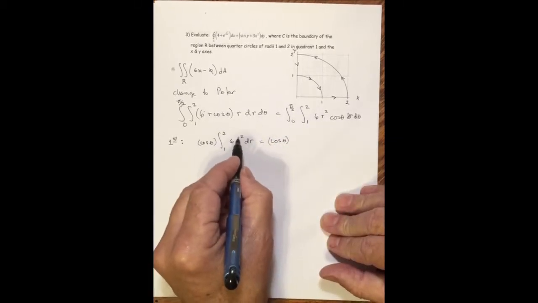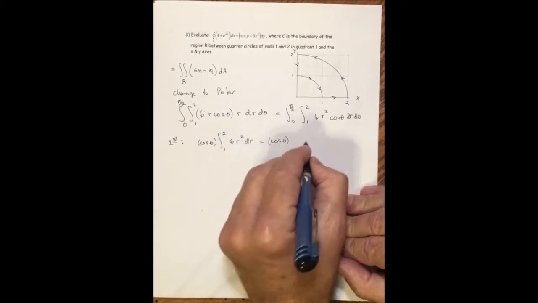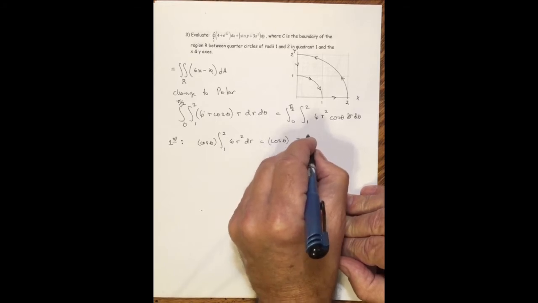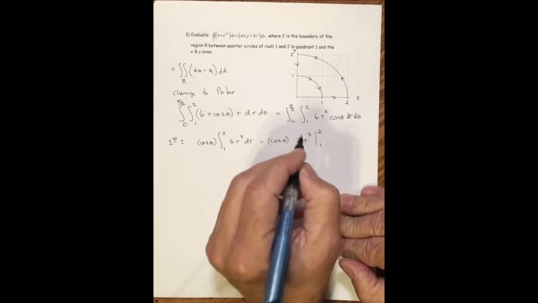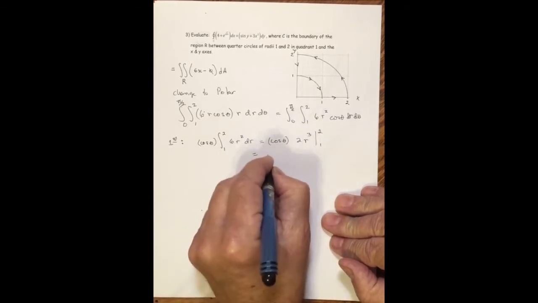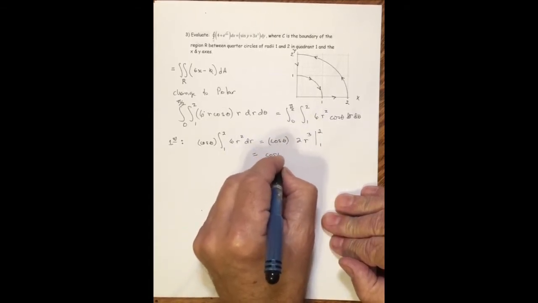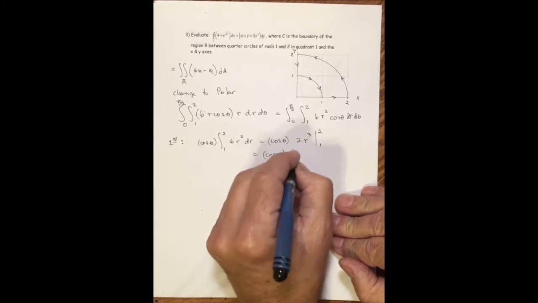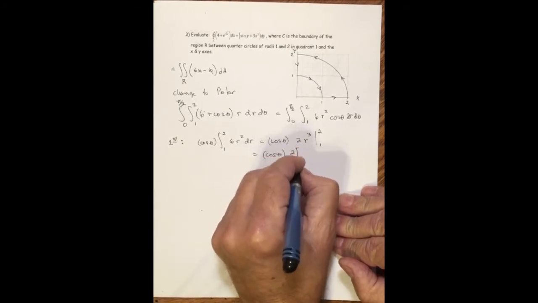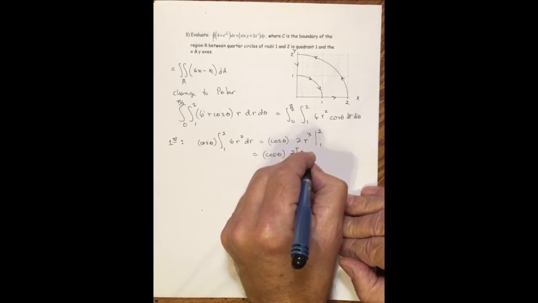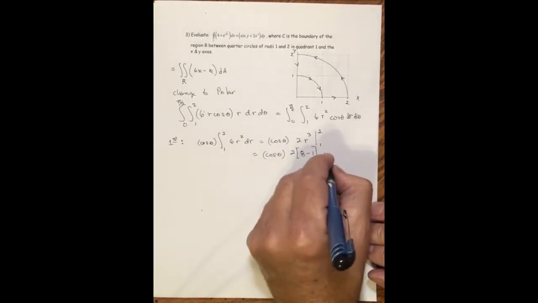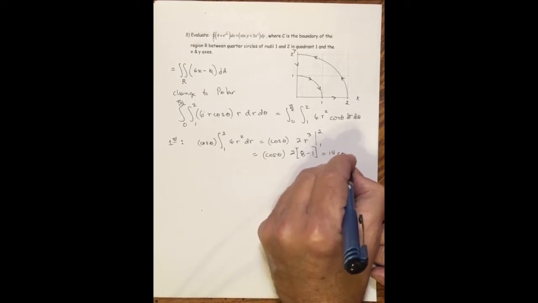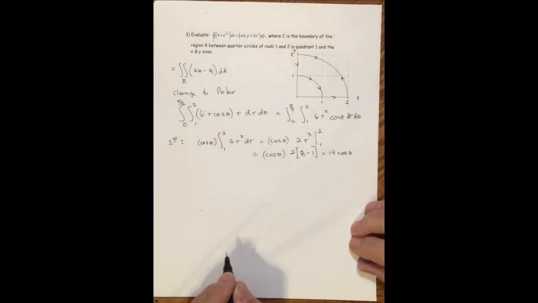And what are we going to get? We're going to get r cubed over 3. The 3 and the 6 cancel, so this is 2r cubed, evaluated from 1 to 2. So this would be the cosine of theta, I guess. And then a 2 times 2 cubed is 8, 1 cubed is 1. So 8 minus 1 is 7, so we pick up a 14, and then cosine theta.